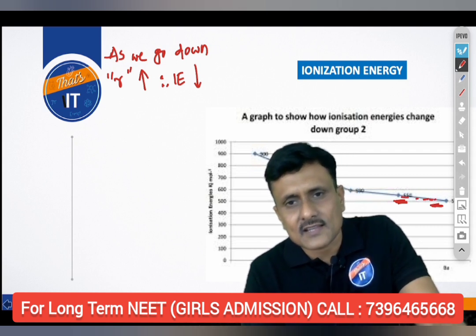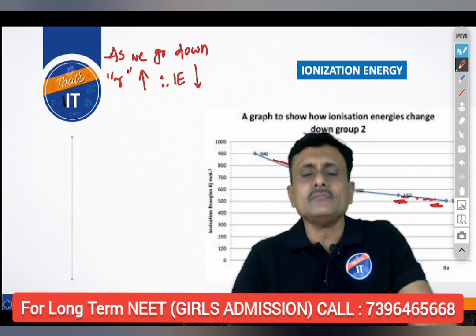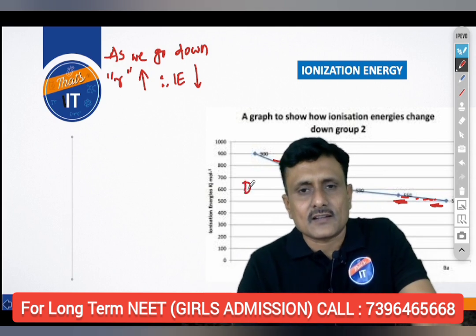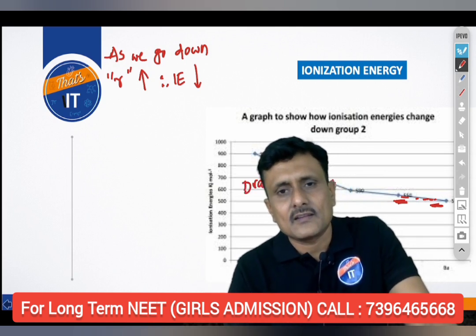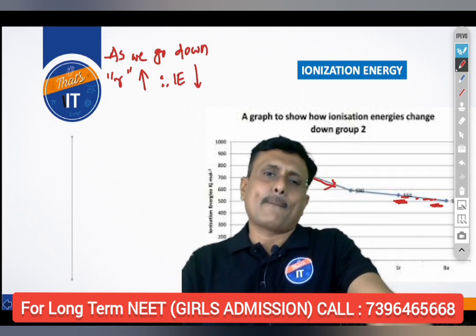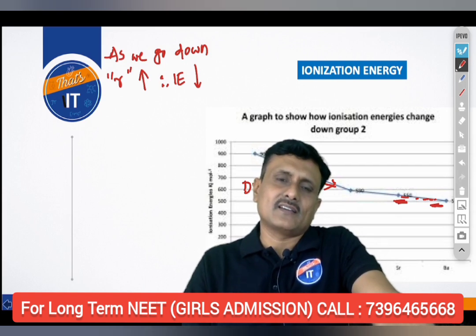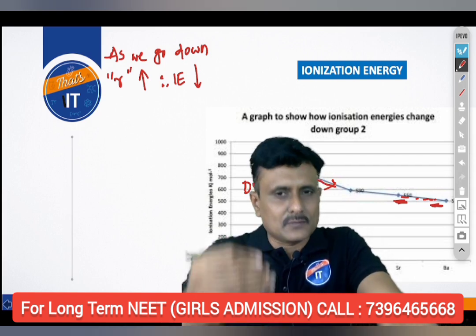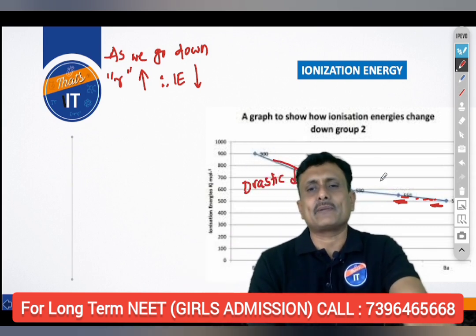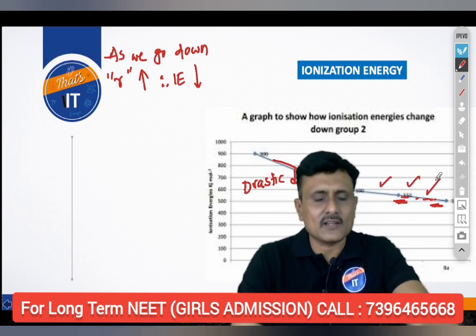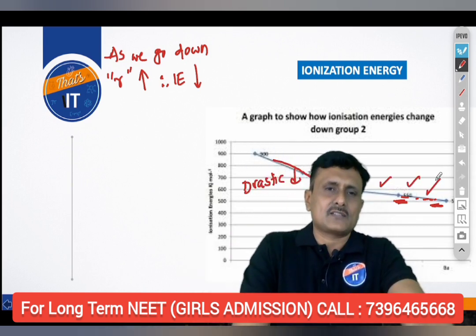There is a drastic or rapid decrease in ionization energy in the beginning, but that rapid fall is not seen in the last few elements.